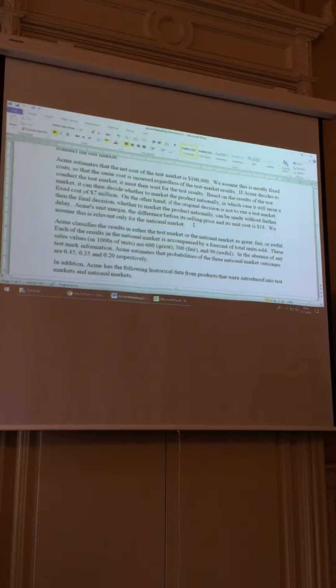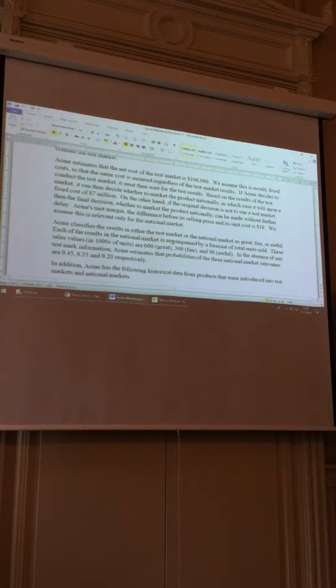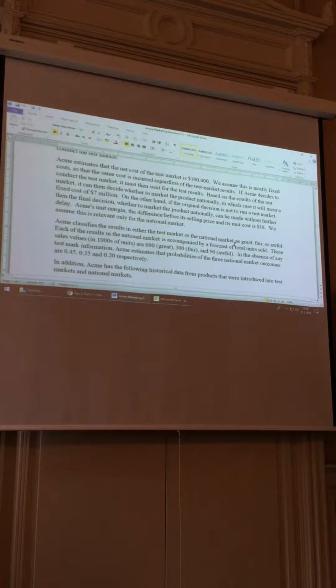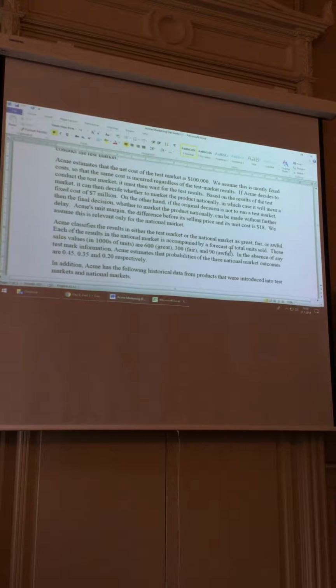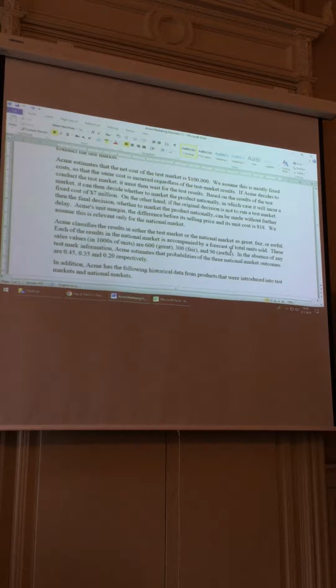Okay, so down here, Acme classifies the results in either the test market or the national market as great, fair, or awful. So in other words, the product could be great, it could be fair, or it could be awful. Each of these results in the national market is accompanied by a forecast of the total units sold. The sales values in thousands of units are 600 for a great market, 300 for a fair market, and 90 for an awful market.